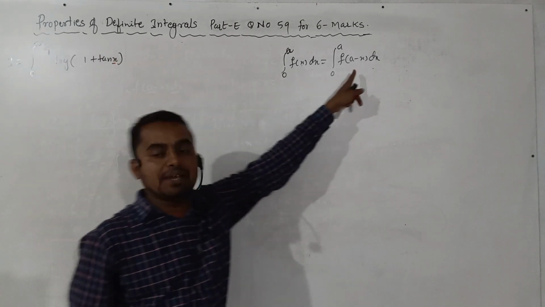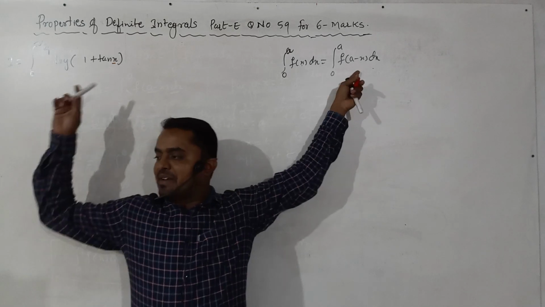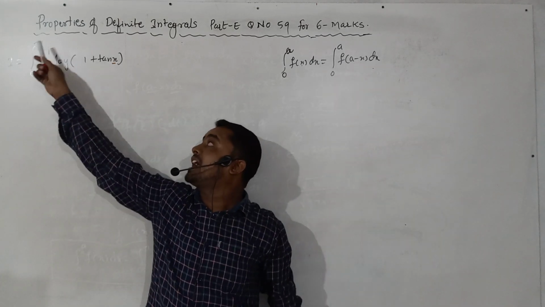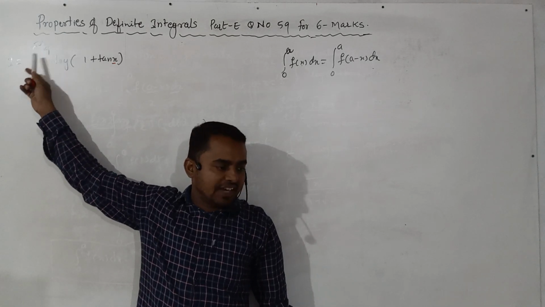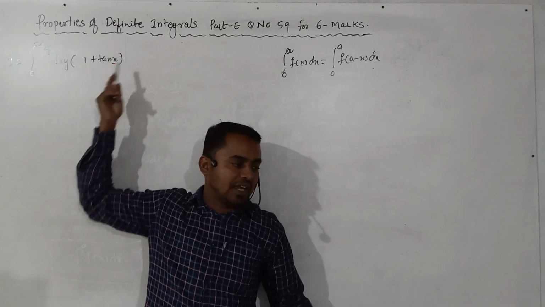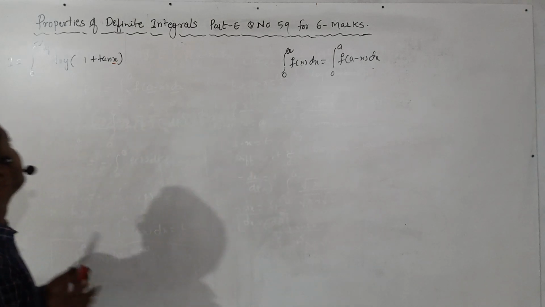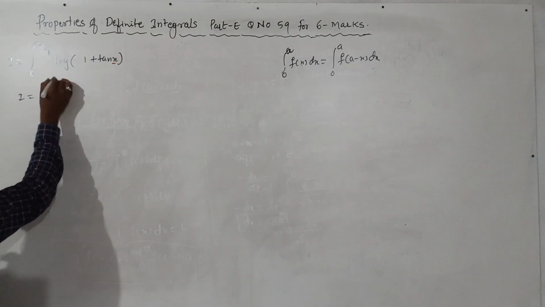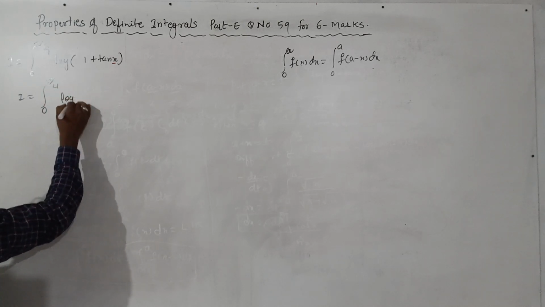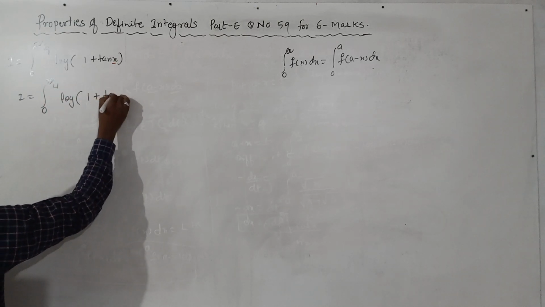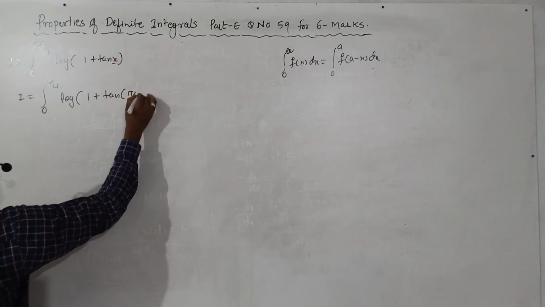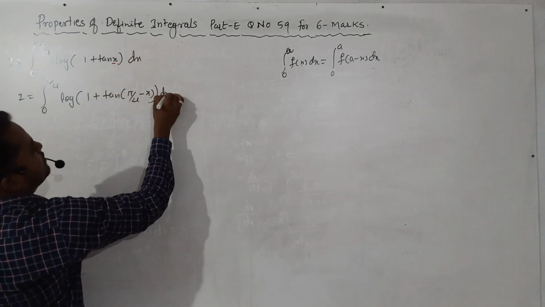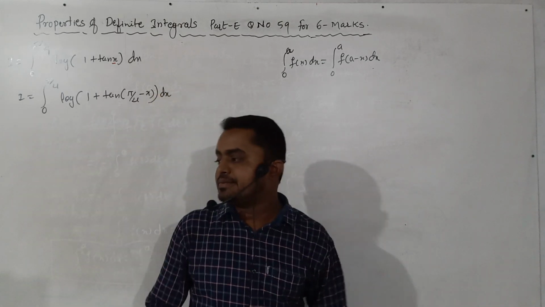Now I is equal to integral from 0 to 5 by 4 of log of 1 plus tan of (5 by 4 minus x). Now tell me the next step, what to do.